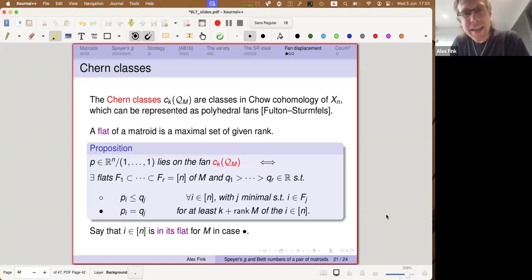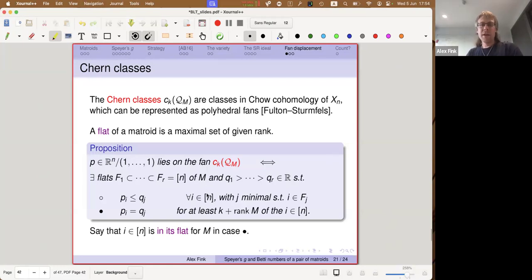So I'll briefly say how we prove bivaluativity for the homological information about this simplicial complex that we need. It comes from the fan displacement rule on the Chern classes of the tautological quotient bundle. So these are described very explicitly in the paper of Berget, Eur, Spink, Tseng.